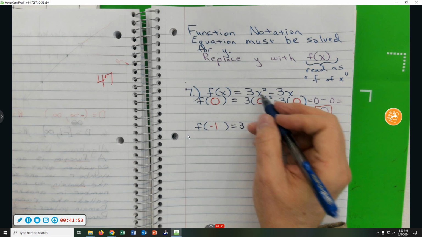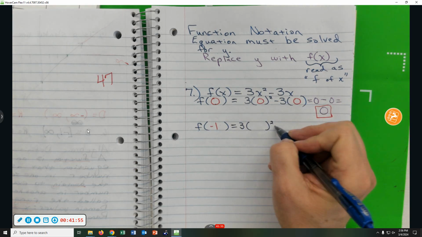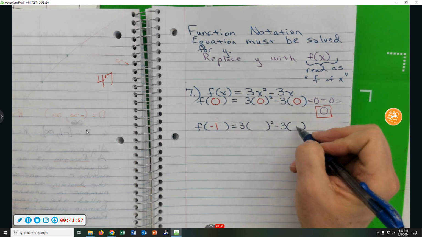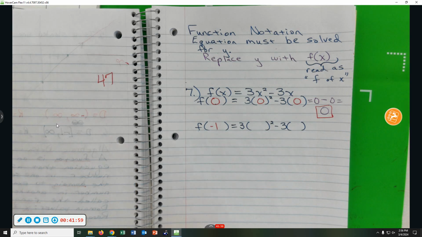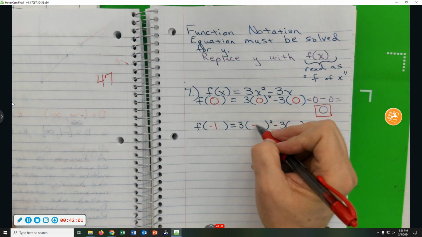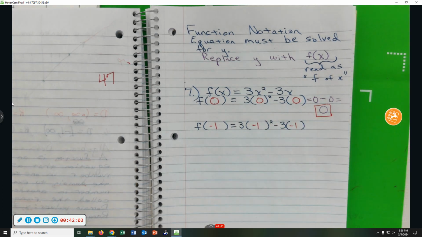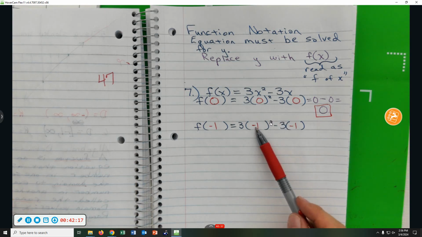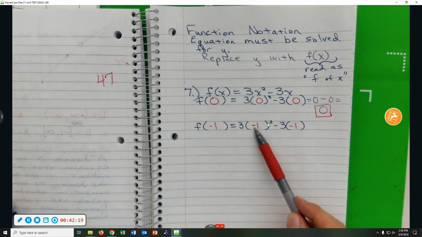So replace each x with negative 1. Okay, let's simplify this. What will we do first to simplify this? Negative 1 squared. Negative 1 times negative 1 is?